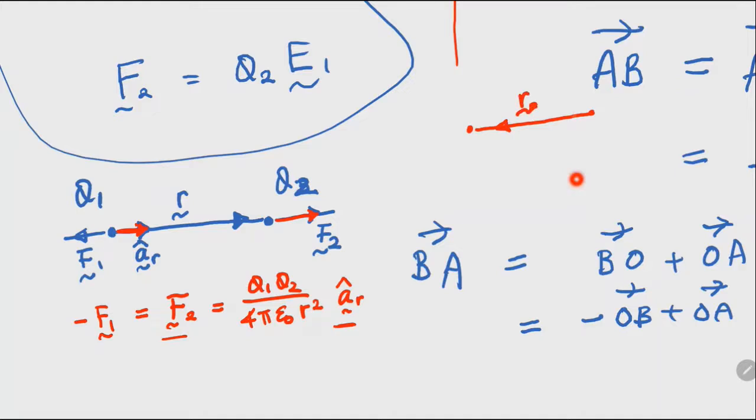My vector R, now my unit vector is here. If I put this Q1 Q2, now you see that the unit vector is in the same direction as F1, and then it will be in the opposite direction of F2.